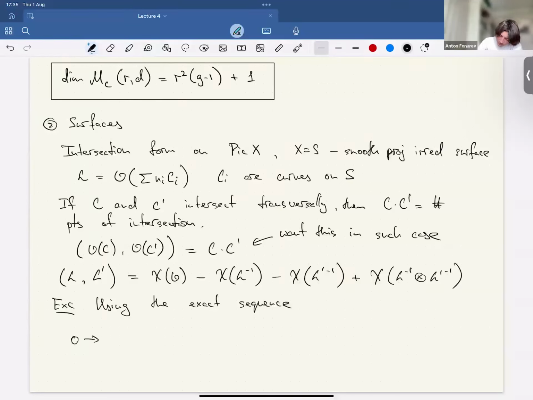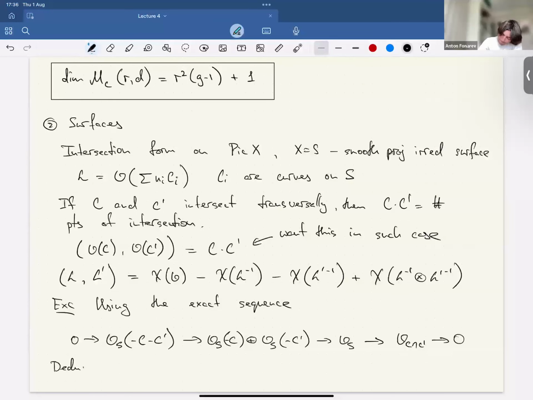And here's the sequence. 0 goes to O S of minus C prime, goes to OS minus C plus OS minus C prime, goes to OS, goes to O of the intersection of the two curves. Deduce, let me introduce some notation, something like 1. So deduce 1 from 2.